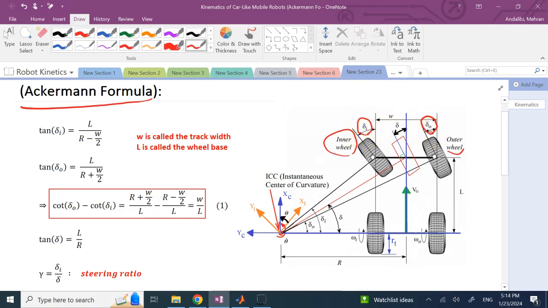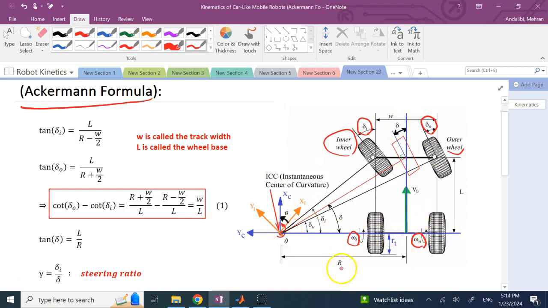So we have to basically turn each one of them differently. Also, the angular velocity, or the RPM, of these back tires also should not be equal. The outer one should spin faster as it goes around the bigger circle, compared to the inner one.